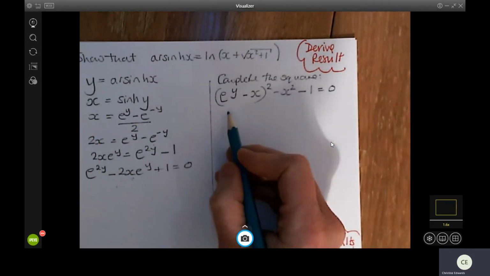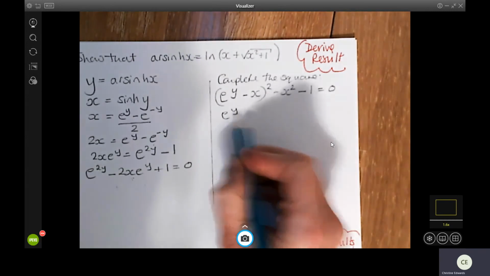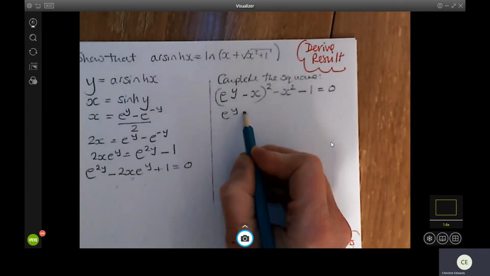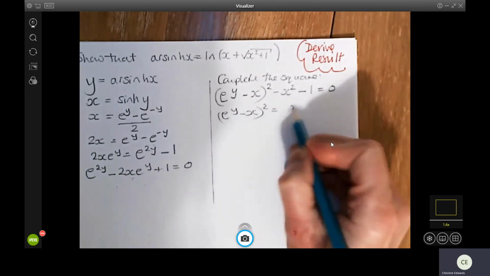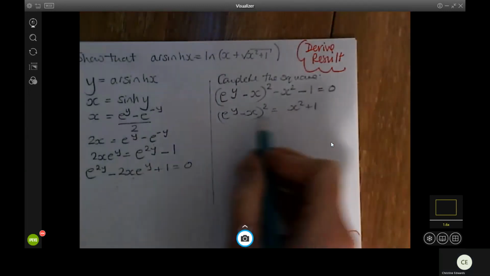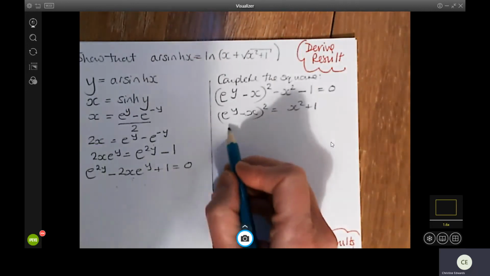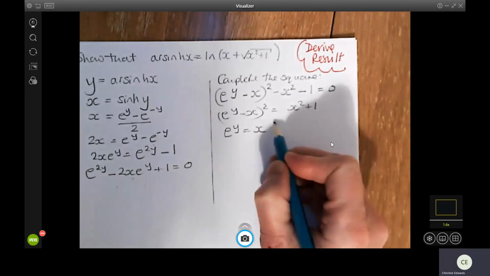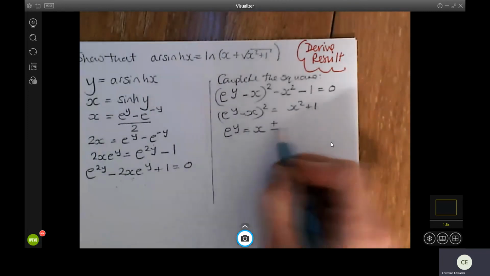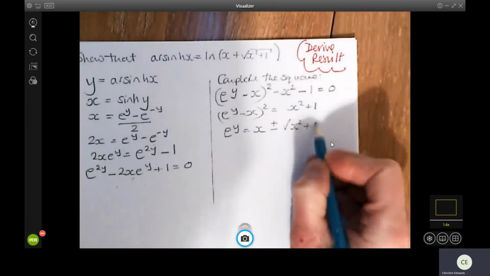I'm now going to solve for e to the y. So e to the y minus x all squared will equal x squared plus 1. Square rooting both sides and taking the x across, we get e to the y equals x plus or minus the square root of x squared plus 1.